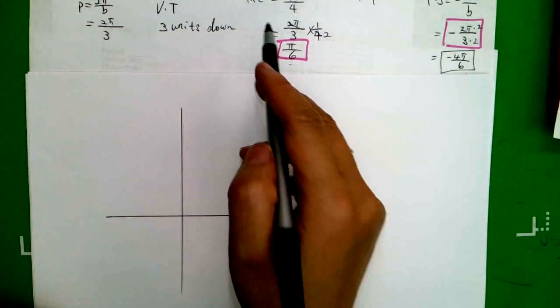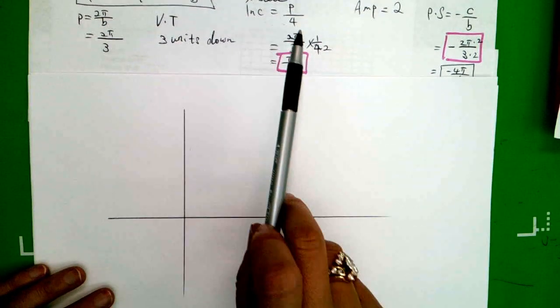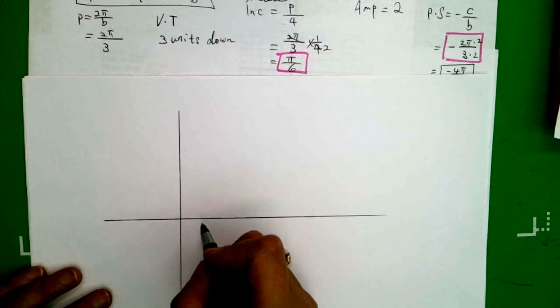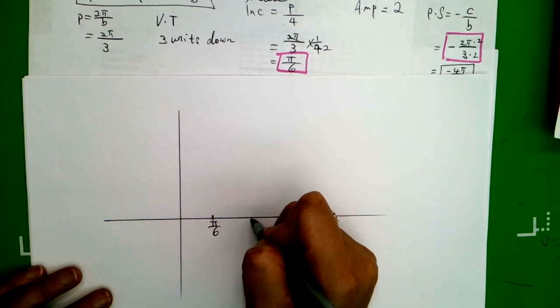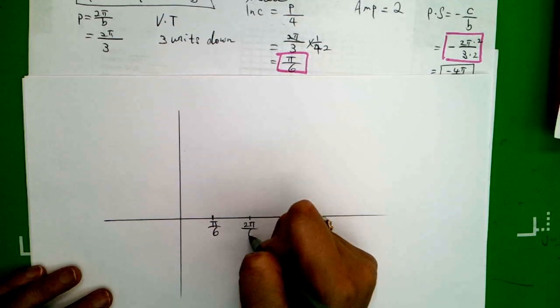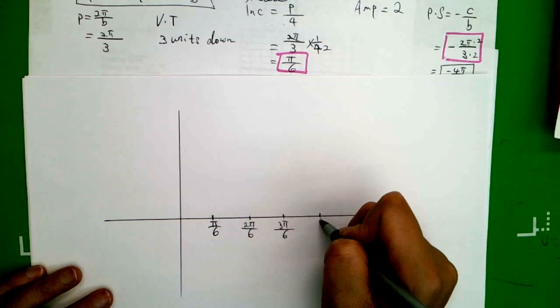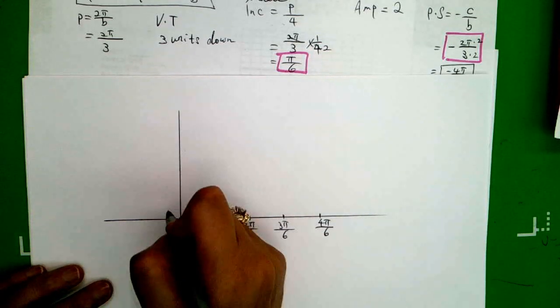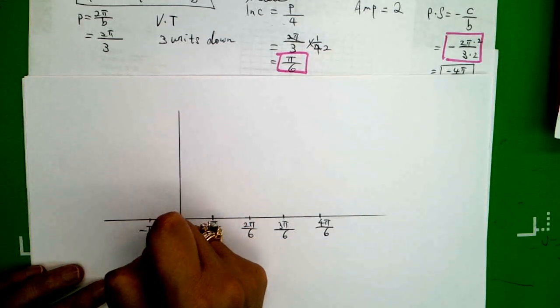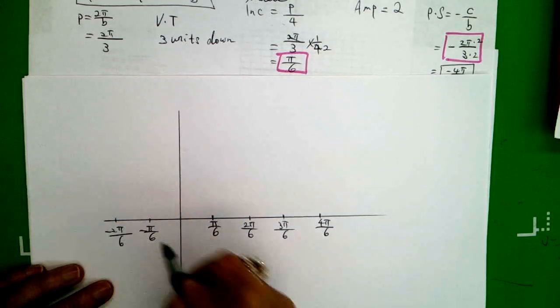Because the x scale is 1 pi over 6, each piece of this x has to be 1 pi over 6, 2 pi over 6, 3 pi over 6, 4 pi over 6. That's the whole period. To the left side, it will be the same: negative 1 pi over 6, negative 2 pi over 6.